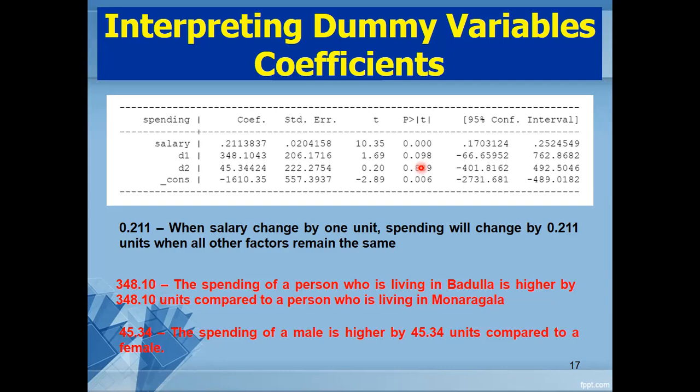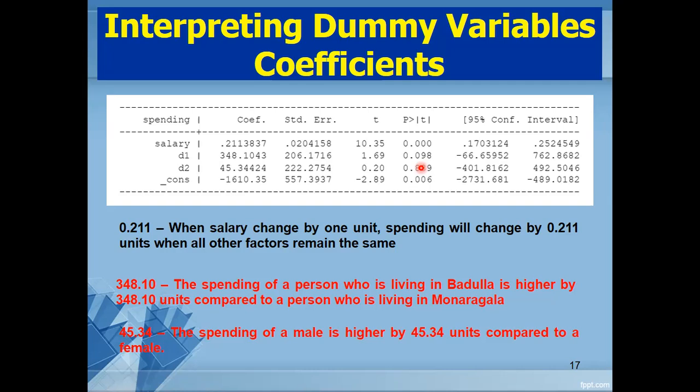This point is very important. Here we have introduced a dummy variable for gender because we need to examine whether there is gender variation in household spending. However, the model says that this gender dummy variable is not statistically significant.